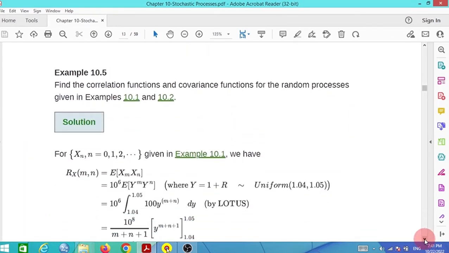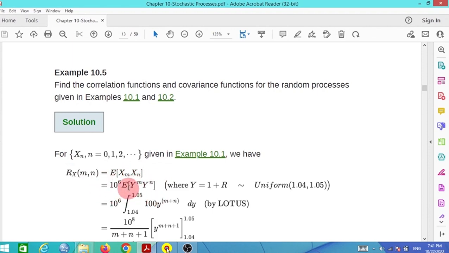Let us solve an example. Find the autocorrelation function, the correlation function and covariance function for the random processes given in examples 10.1 and 10.2. For problem 10.1, for the correlation function, we calculate R, same as this, this value.